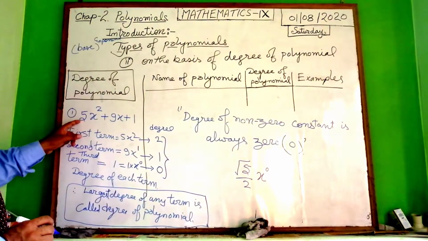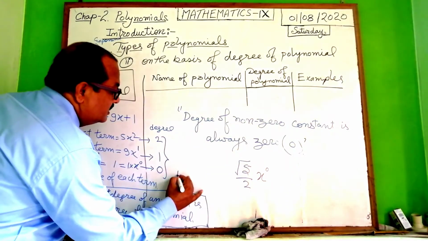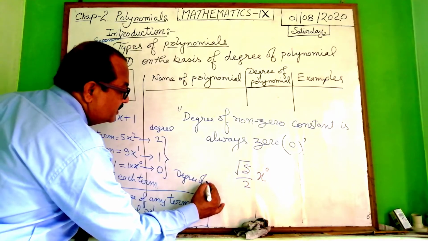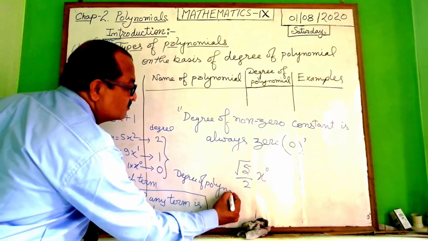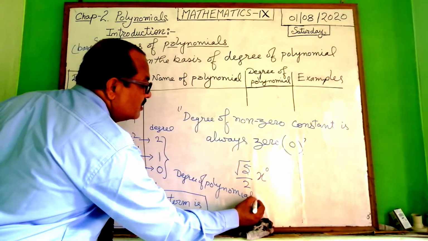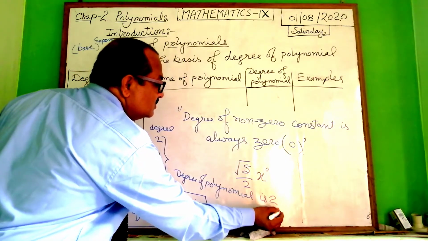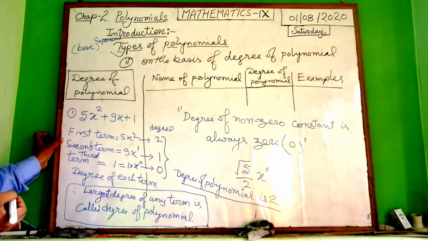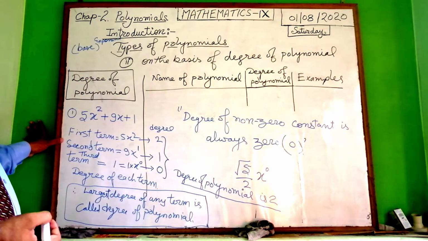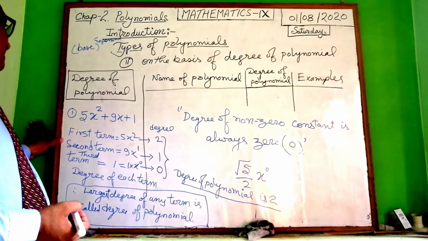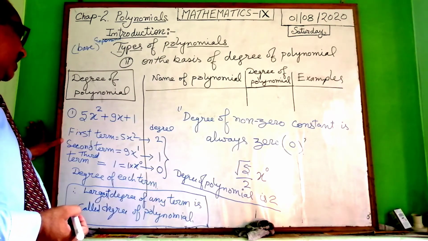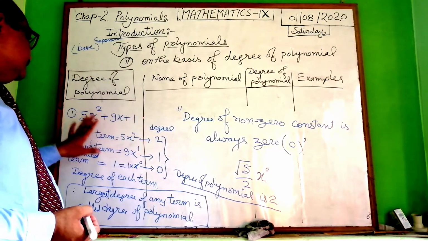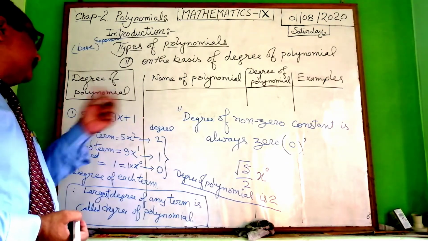For this example, you can write your answer: the degree of the polynomial is 2. This is the answer. So before studying types of polynomials, you must know the meaning of degree of a polynomial. First of all, you see the maximum degree of any term.